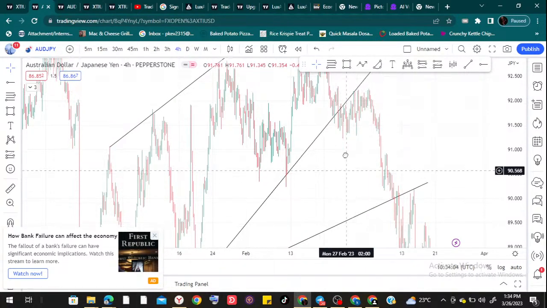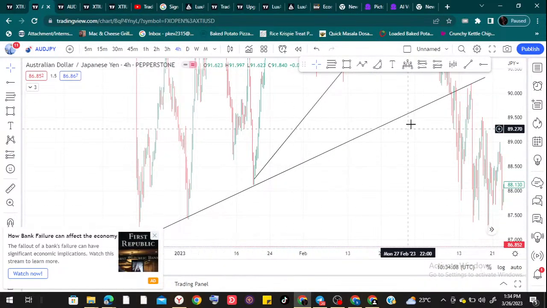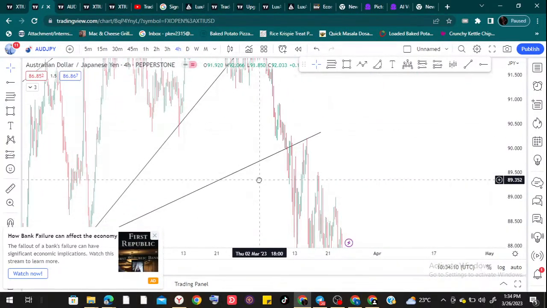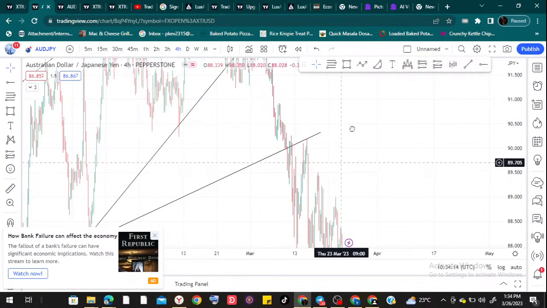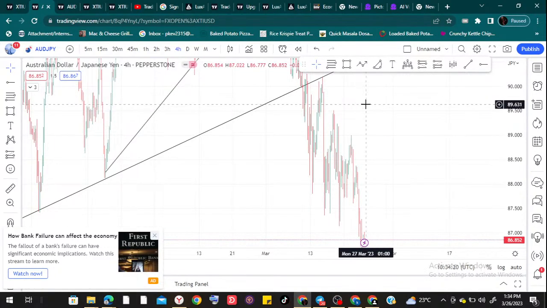If we were following this trend, we would have entered around this breakout, waiting for the market to come down to this level, retest, and then enter the market, because that is always the rule of trading.